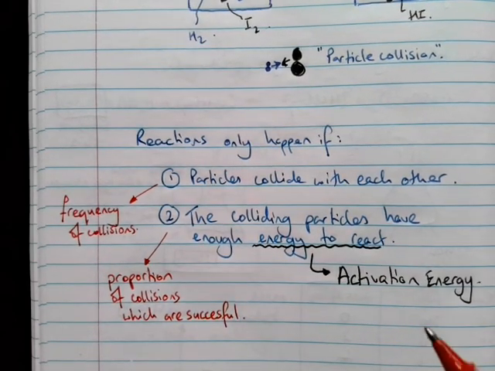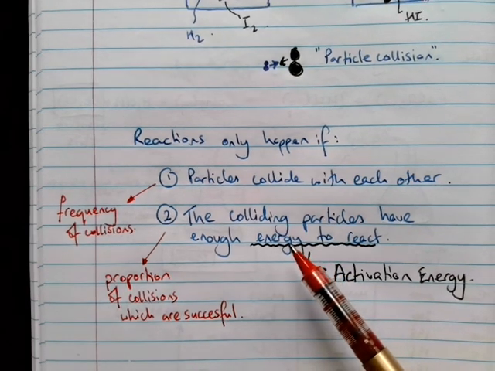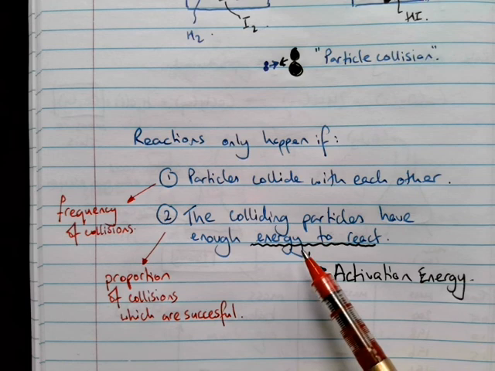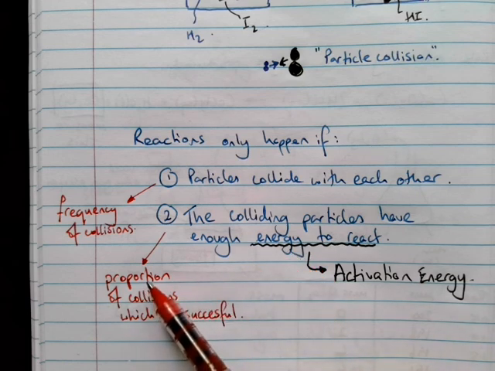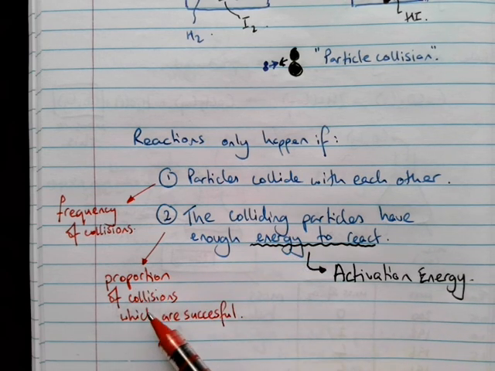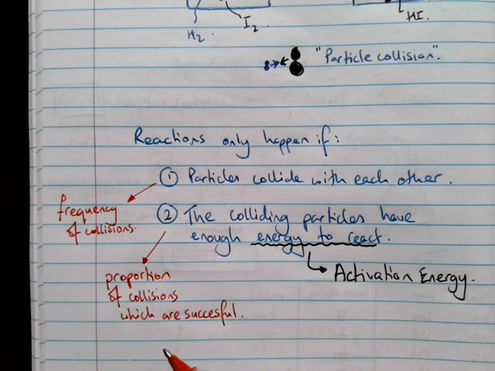All right, so you can imagine if the colliding particles have got lots and lots of energy, then there will be a greater proportion of collisions which are successful. And if the particles have not got very much energy, then there will be a smaller proportion of collisions which are successful. Okay.